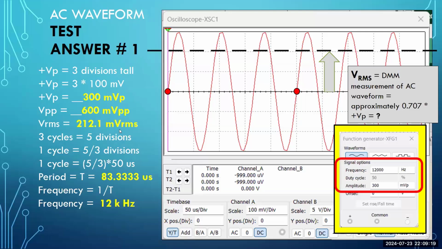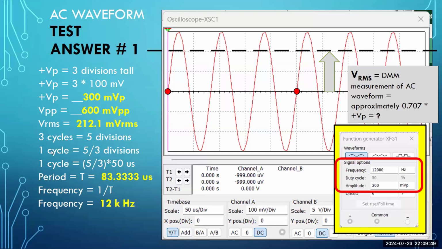All right, so as we look at this, red dot to red dot is how many divisions? 5 divisions. How many cycles here? There's 3 cycles. We're interested in one of those cycles. So how do we determine this? One cycle is 3/5 divisions. I keep saying it backwards. This instructor is dyslexic. I'm sorry. One cycle, I apologize, one cycle is 5/3 divisions, okay?